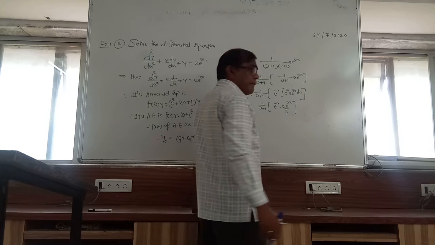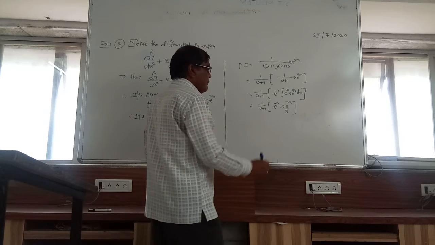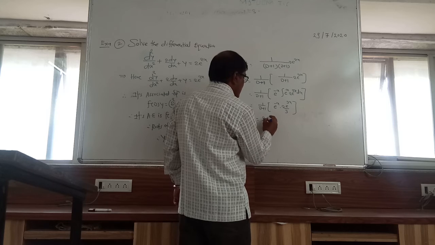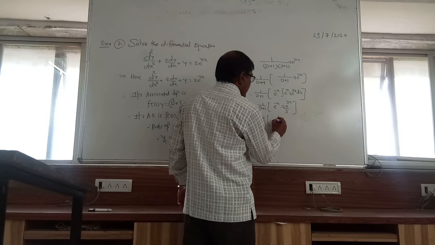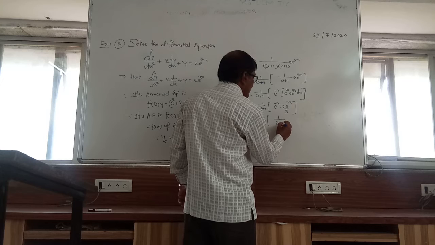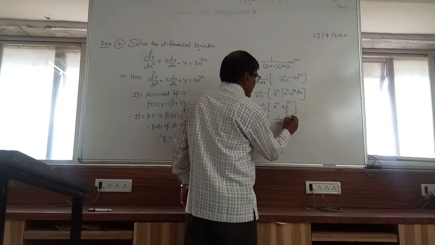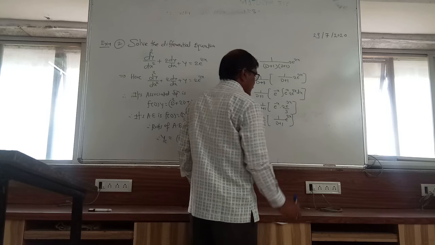This is by integration, that equals 2 by 3. We take this constant out of the operator, that is 1 upon d plus 1. By the laws of indices, the bases are the same, so we have e raised to 2x here.